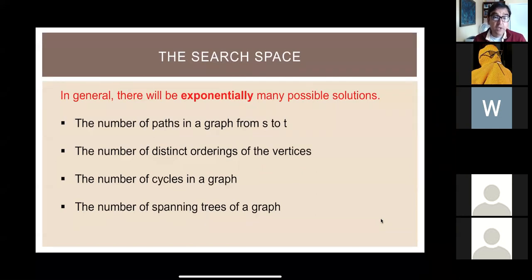In general, in these optimization problems, the search space, meaning the space of possible solutions that have the right format, is typically going to be exponentially large. For example, in the shortest path problem, there could be exponentially many paths from S to T. Let's say the graph has S and T, and then it looks like this.